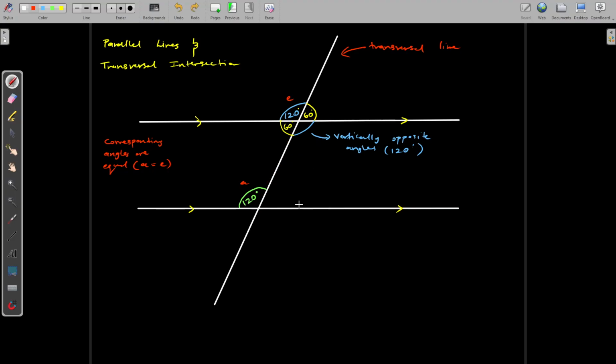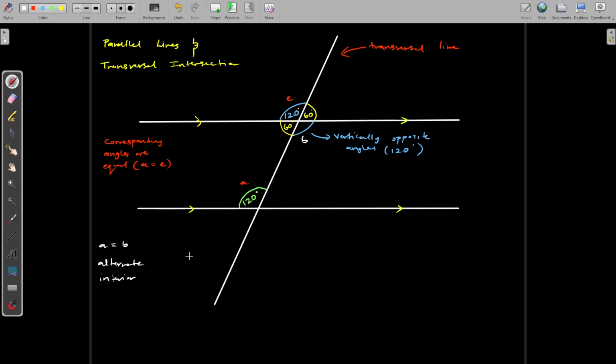So that's why we get the 120. Let's call this one B. So we can say A and B are alternate interior angles. So A is equal to B, and the reason for that is alternate interior. Alternate interior angles are equal.